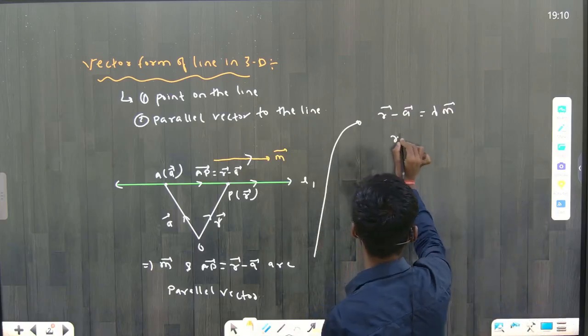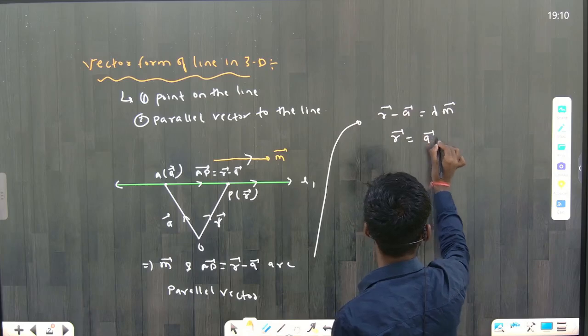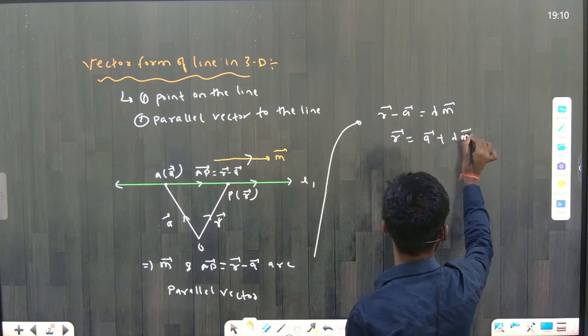Here R is equal to A vector plus lambda times M vector.